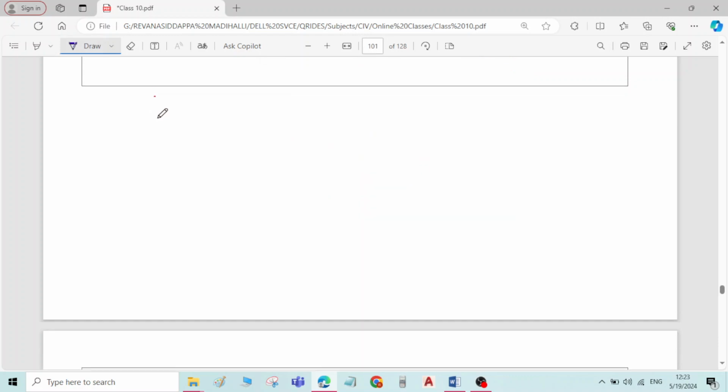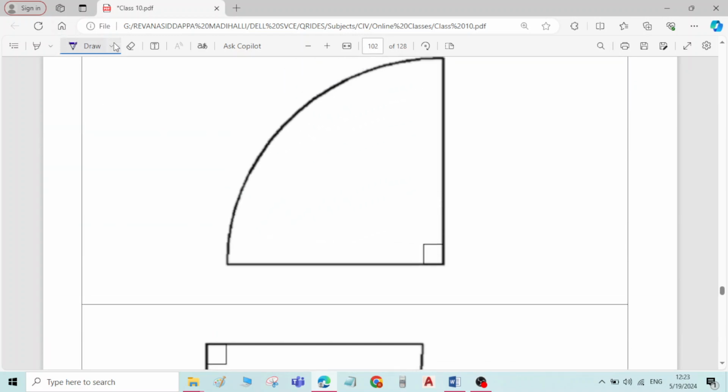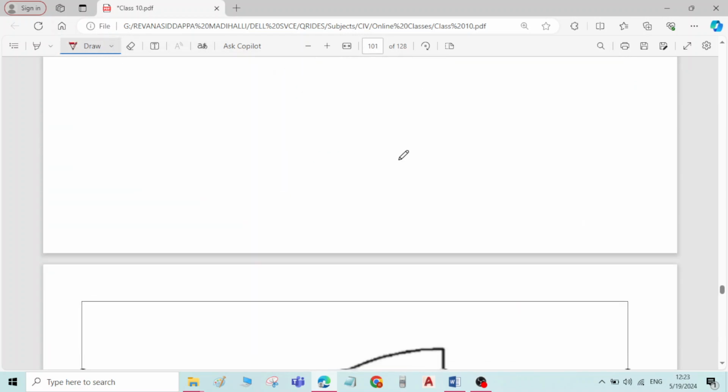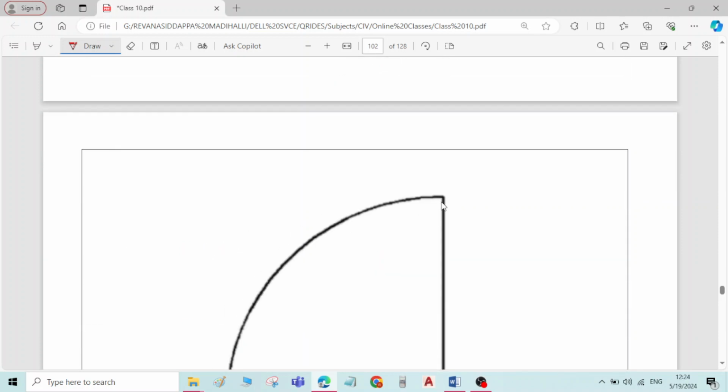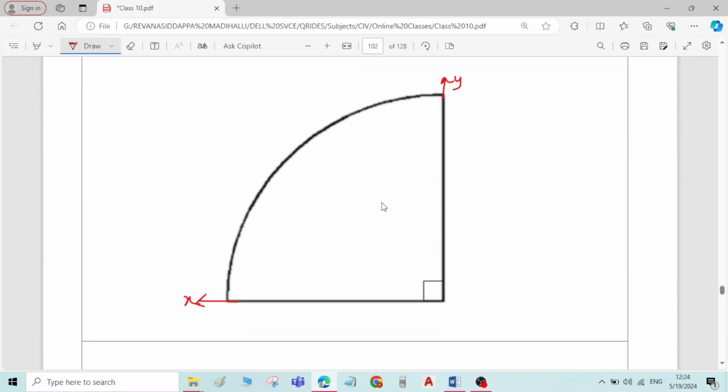Now if I take the reference axis here for this figure, and G is the centroid, x bar is negative because the quadrant of the circle is lying in the second quadrant, so minus 4r by 3 pi, and y bar is equal to plus 4r by 3 pi.